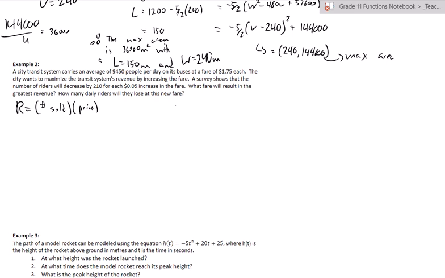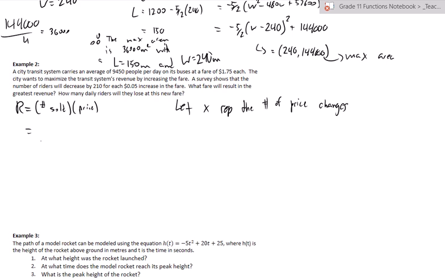So to work with this, we're going to let X represent the number of price changes. This is a problem where you're given two original amounts and they change. One change will affect the other by a certain amount. When you have these kinds of problems, you're always going to have X represent the number of times that change occurs. And this is going to create for us a factored form.